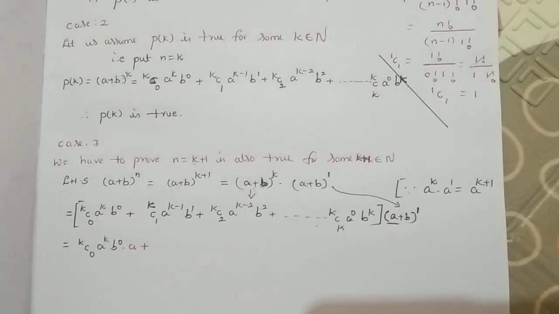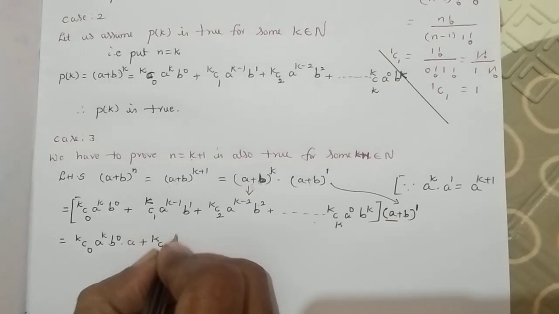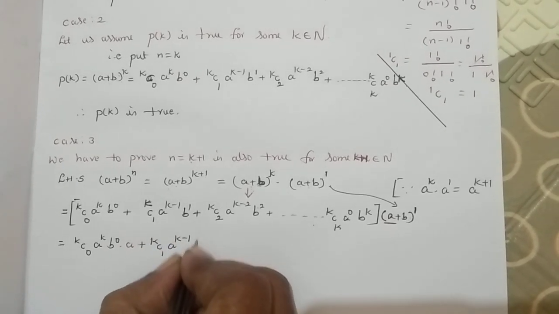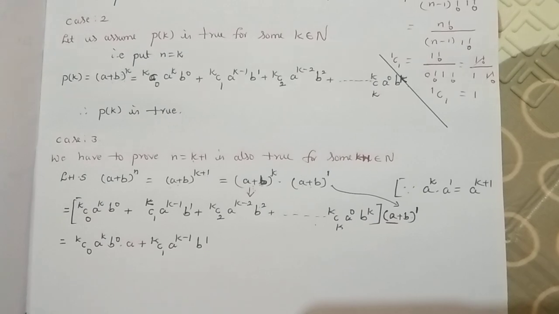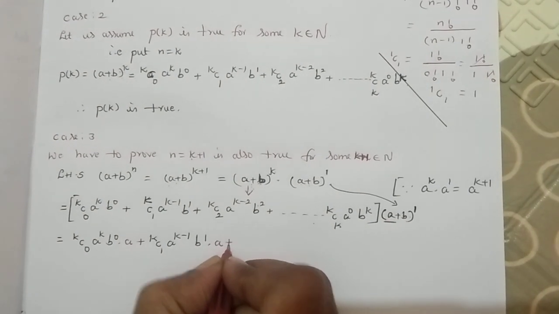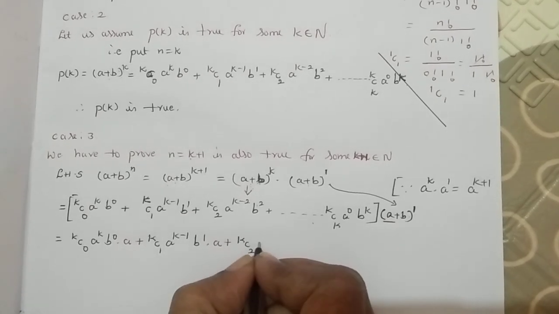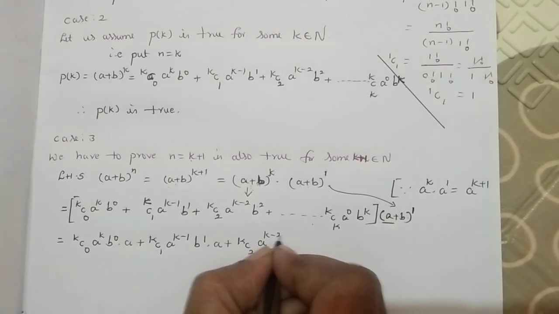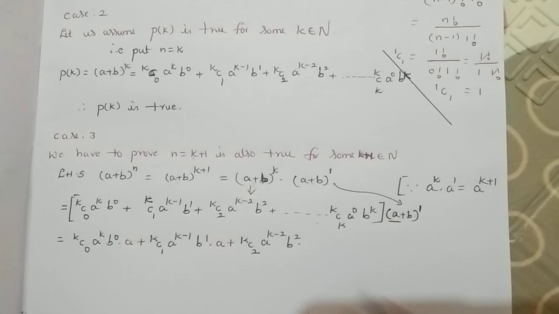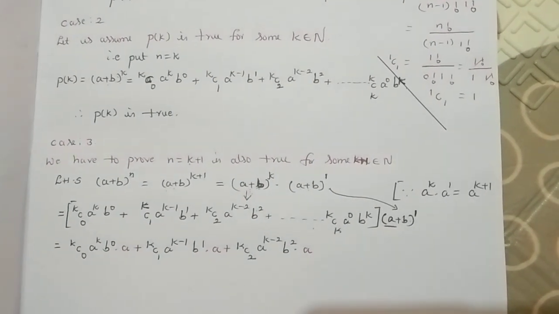Next, plus kC1 a^(k-1) b^1, multiplying with the first variable a.